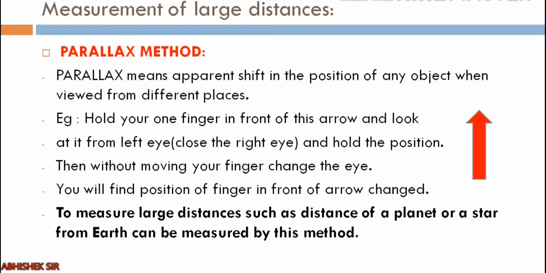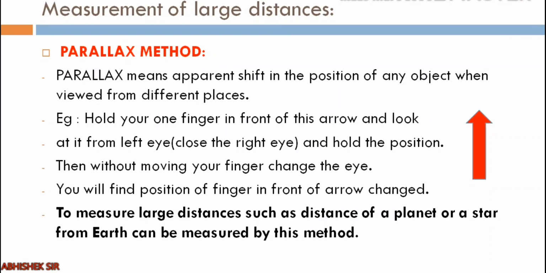So let us do an experiment. You can see one red arrow on the screen. Now hold one finger in front of this arrow, exactly in front of this arrow, and look at it with your left eye. Close the right eye and look exactly straight.